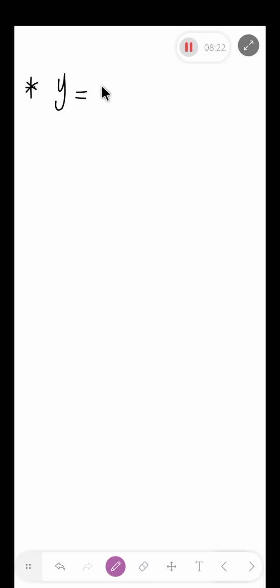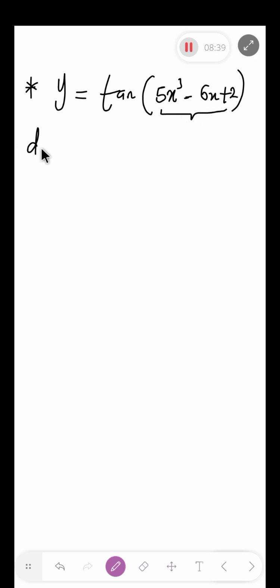Let's deal with this particular example here. Let's say y is equal to tan of 5x cubed minus 6x plus 2. What do you think this will be? The solution simply implies that this is my function here, right?